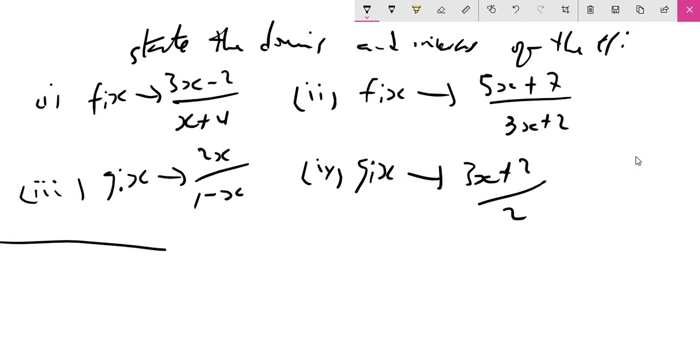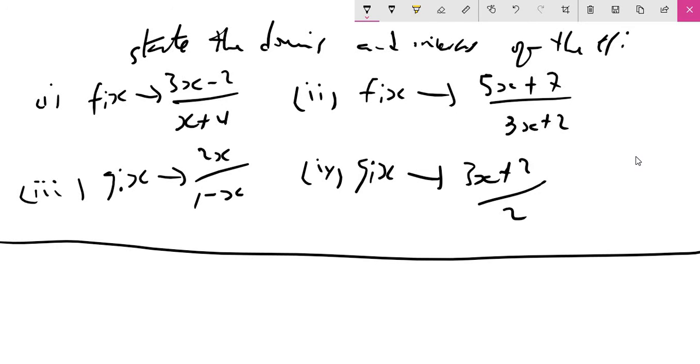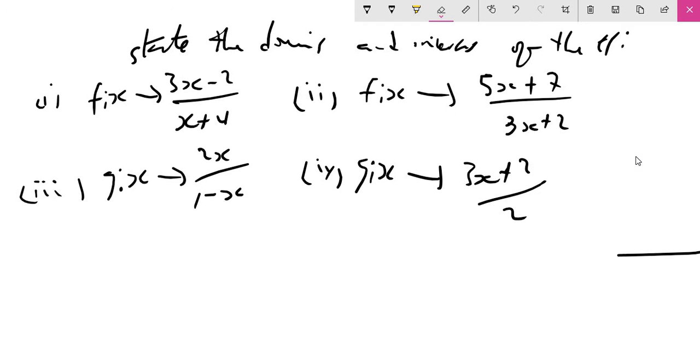I will do the first two and then leave the last two for you to try. If you don't get anything, you can just leave your questions and comments below. So domains of this. So the first one, what do you think the domain of this will be? Again, looking for the domain means what values can x take?